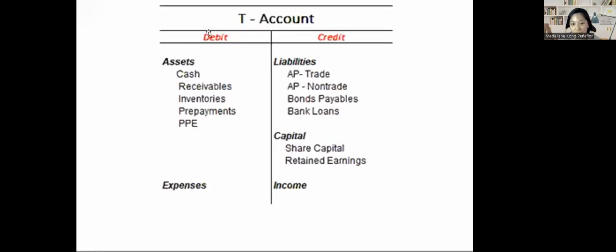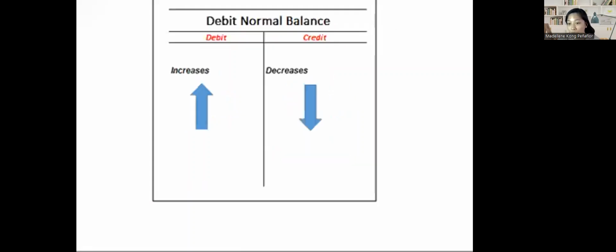When the normal accounting balance is debit, we have assets and expenses there. Every time the assets and the expenses increase, it will be recorded as debit. And when they decrease, it will be recorded as credit, as shown in the illustration.